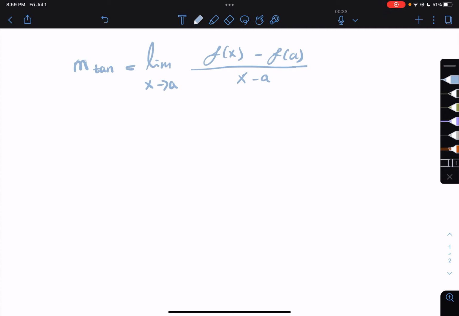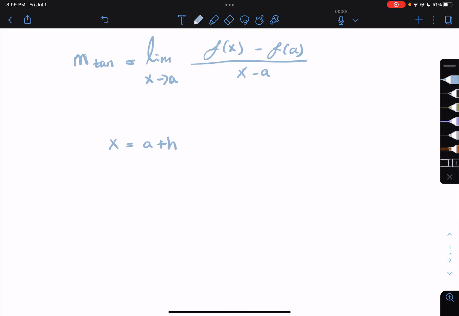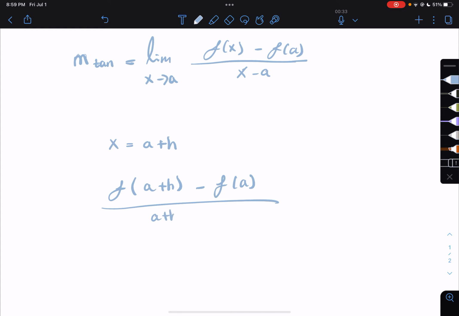So we will be substituting x for a plus h in this case. So if we have f of x, it's going to be f of a plus h minus f of a over a plus h minus a. Due to this, we get rid of these, right?